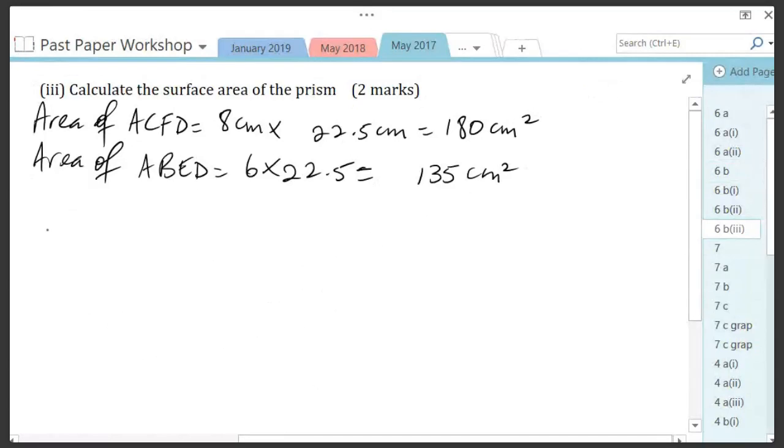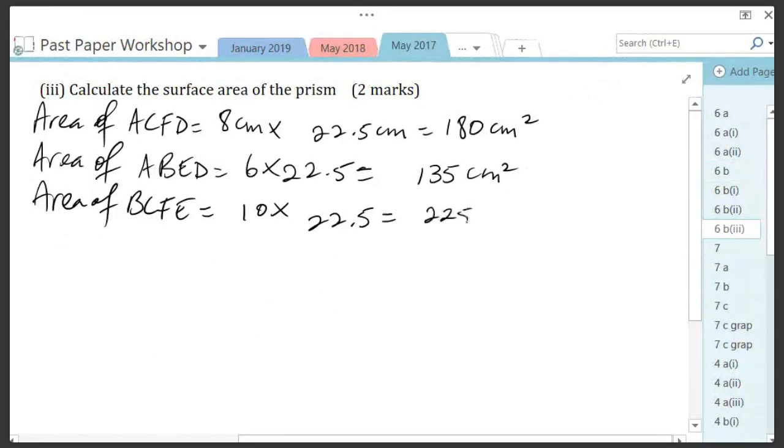Area of BCFE is equal to 10 multiplied by 22.5, and you'll get here 225 cm squared.